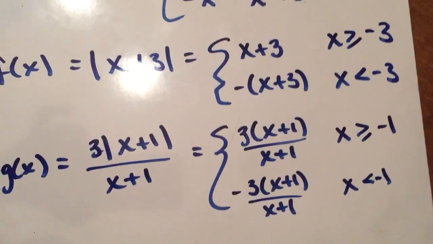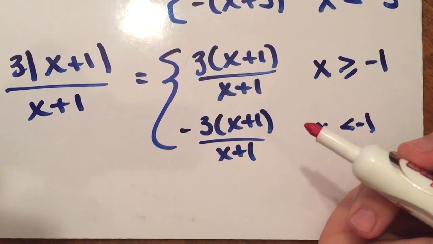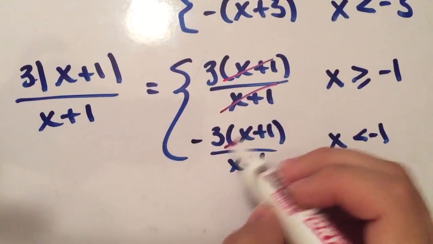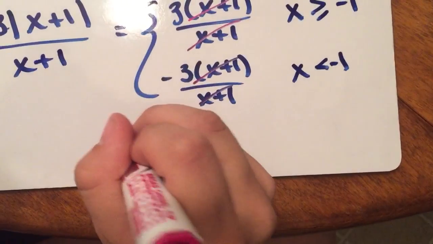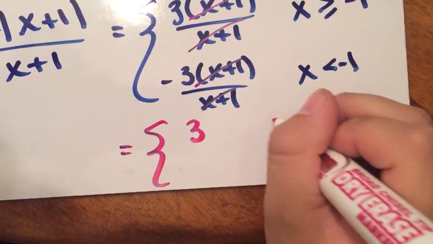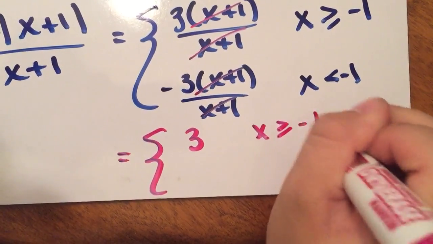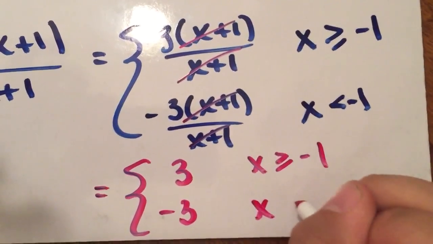So if you notice now, I have two x plus 1s here on both equations that can cancel out. So I'm going to go ahead and do that. And from this part I would be left with a piecewise function where I have a positive 3 for when x is greater than or equal to negative 1, and I would have negative 3 for when x is less than negative 1.